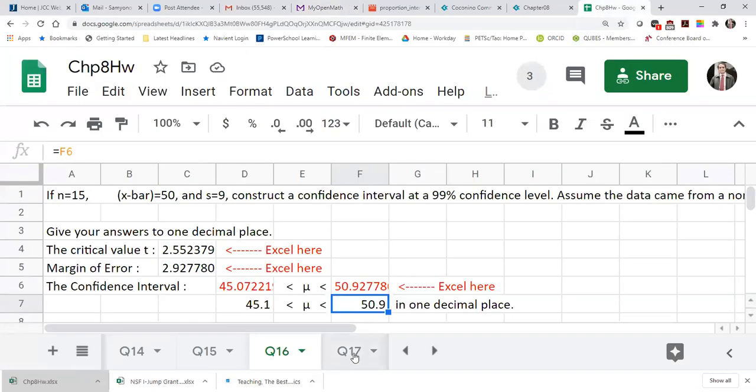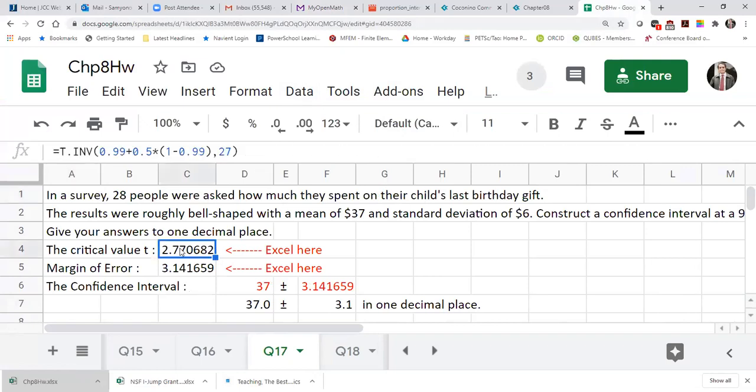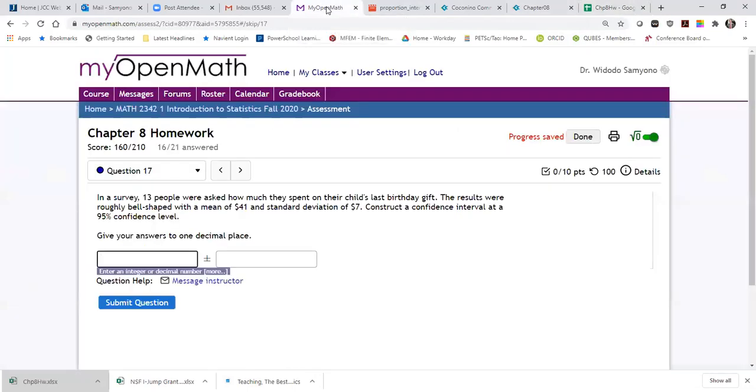Okay, so let's see number 17 here. You remember here the confidence level and the degree of freedom.